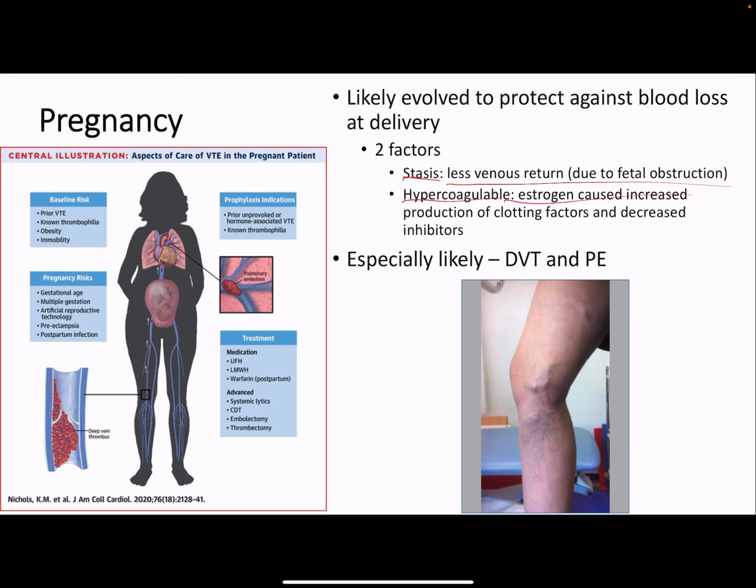Now, specifically, pregnant women are likely to get deep vein thrombosis, which may progress to a pulmonary embolism. So DVTs are actually very likely to progress to pulmonary embolisms, not just in pregnancy, but just period. But in pregnant people, it's more likely that it's DVT and/or PE.